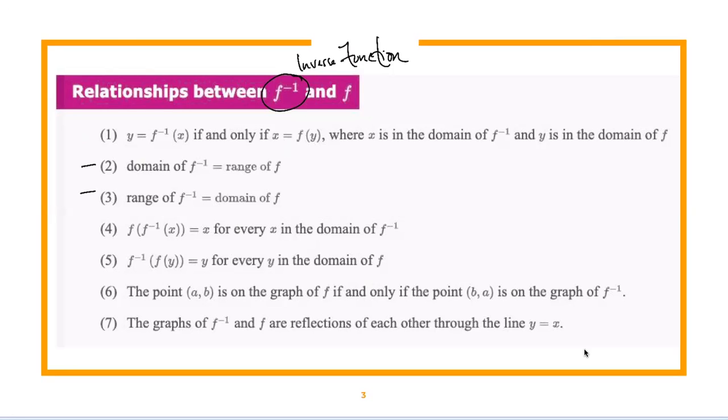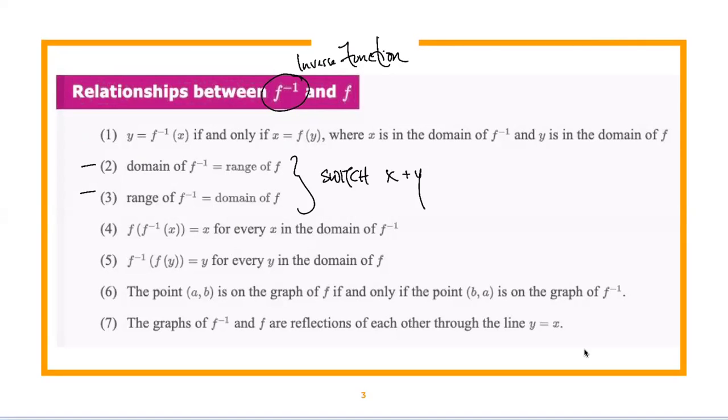So the domain of the inverse is the range of the original, and the range of the inverse is the domain of the original. That's one important characteristic, okay? So when folks say switch x and y, this is what you're really saying. You're switching your domain and range.